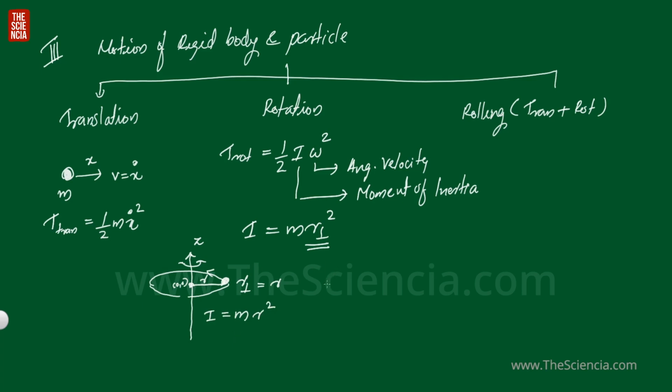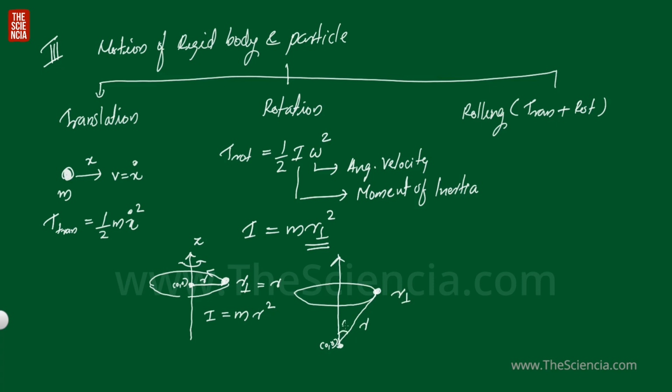Okay, now I am considering another case. This is the axis and particle is rotating about this axis. But my reference point right now is here and this distance is r. The distance from reference point is r. Then what will be r perpendicular?